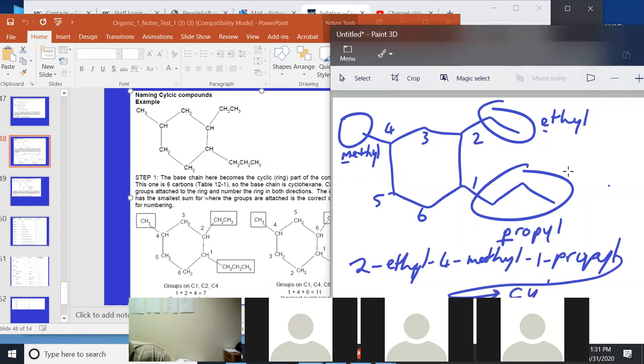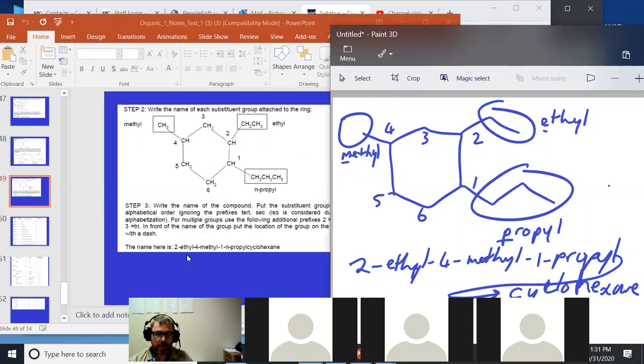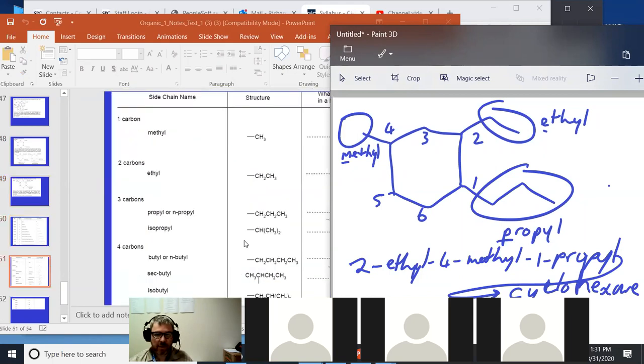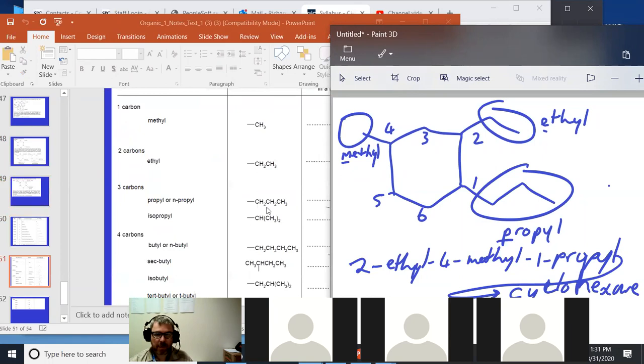I ran out of room here. Cyclohexane, sorry, hexane. So you go 2-ethyl, 4-methyl, 1-N-propyl or propyl, it doesn't matter. Cyclohexane. You'll notice I've got that for both of them here, propyl or N-propyl. That'd be fine.